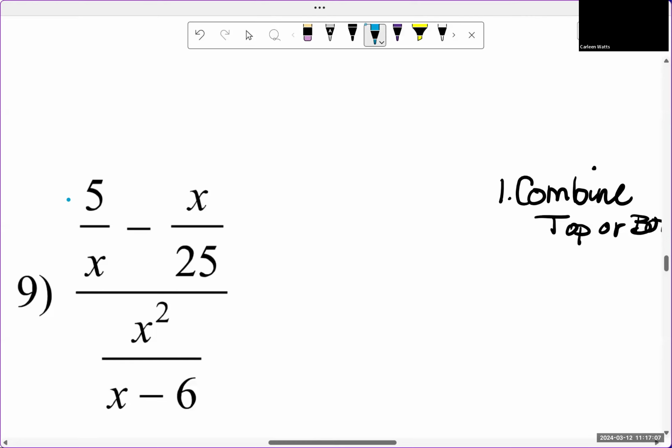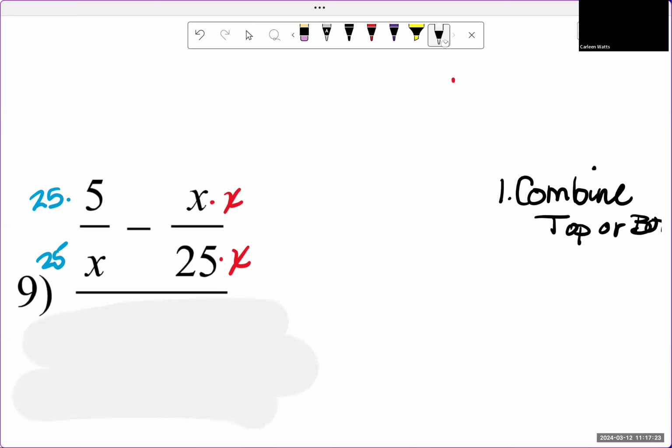I'm going to multiply this by 25, same to the top as I do to the bottom, and this by x. Can you see that now I'm going to have the same denominator on the top?